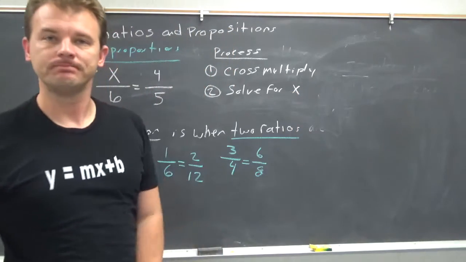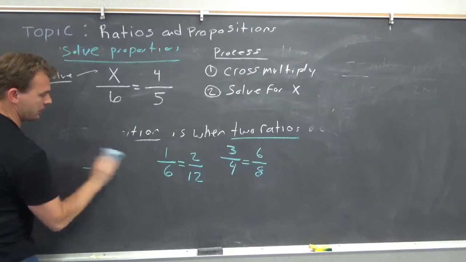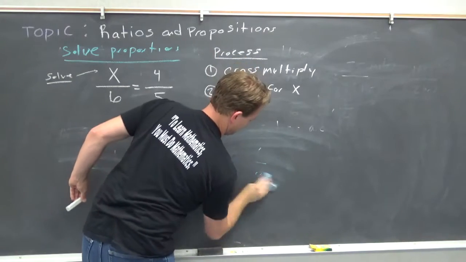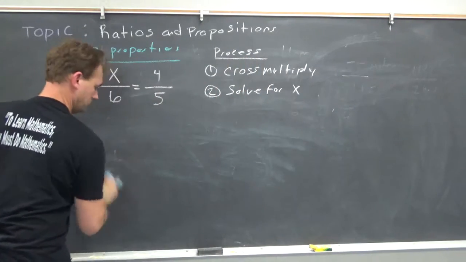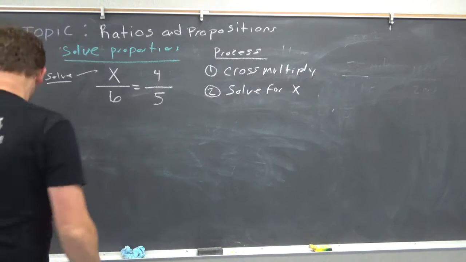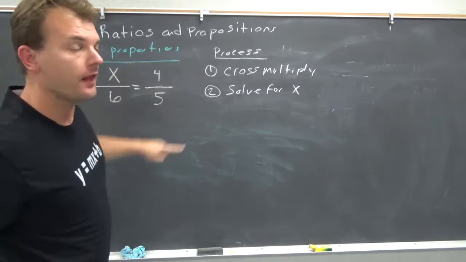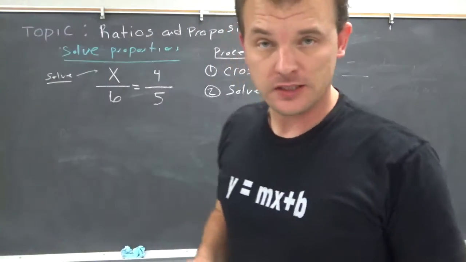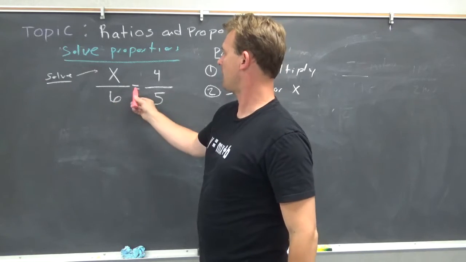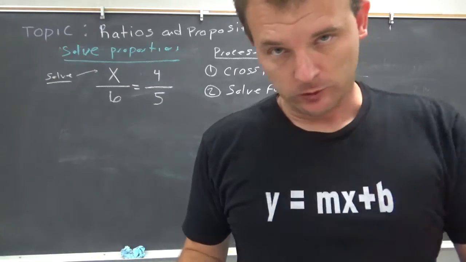Solve for x. Just x. Okay, here we go. What you're going to do first is cross multiply. The only reason you can do this is when you have two ratios that are equal. That's the only time you can really cross multiply.